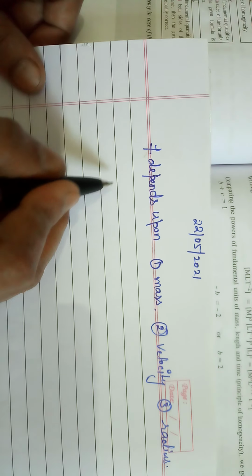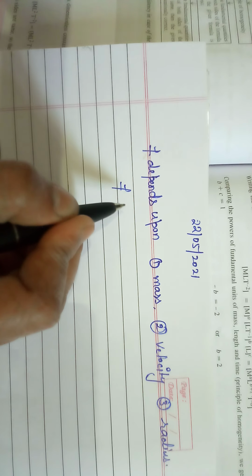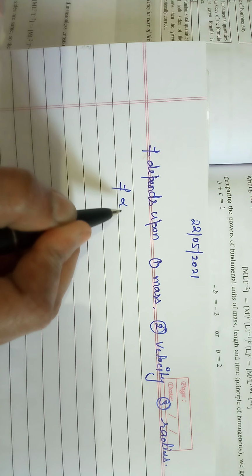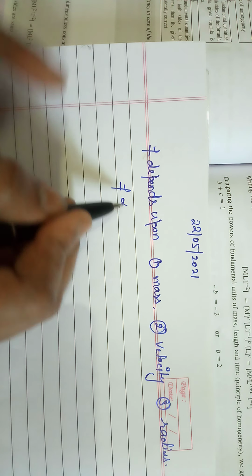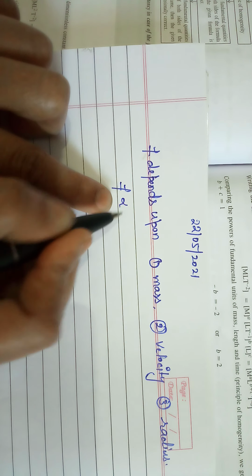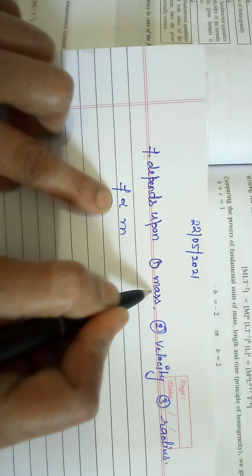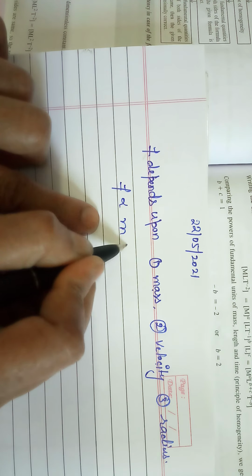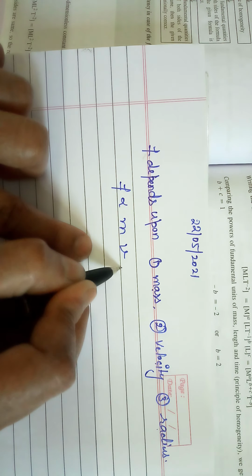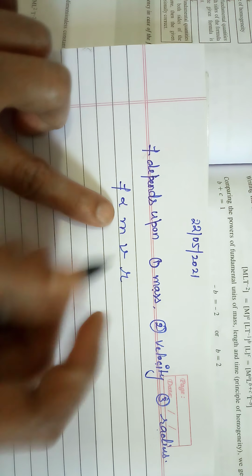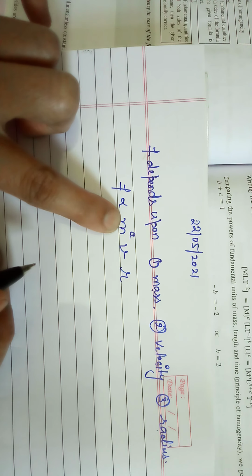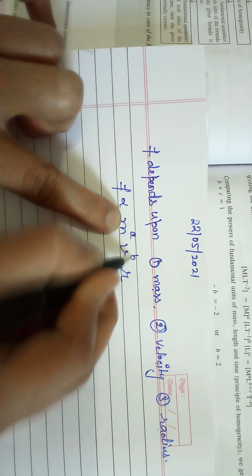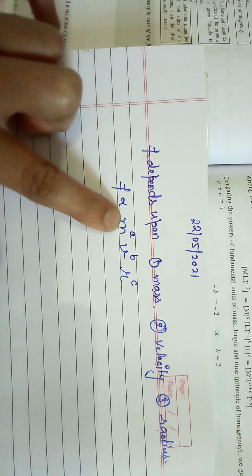So the first step is to write F directly proportional to the given quantities on which it depends. So F is directly proportional to the first one, m, second velocity v, and third radius r. Clear? Then write the power a for m, b for velocity, and c for radius.